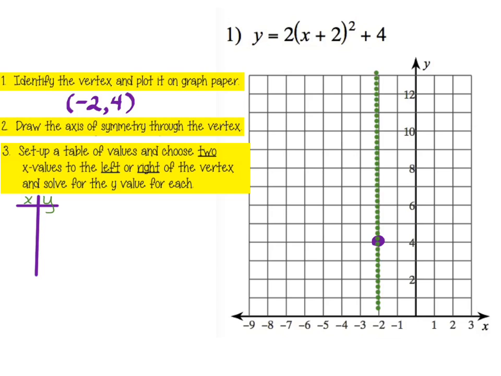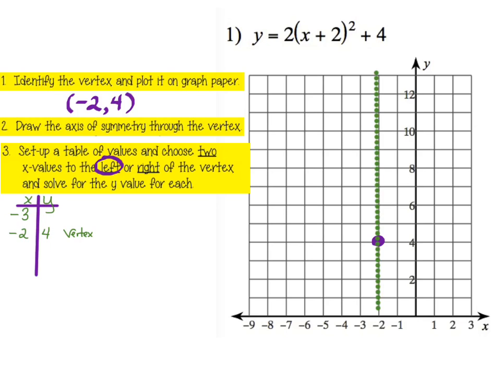So I'm going to start by putting that vertex right there in the middle. And I'm going to choose some x values that are very close to -2. So my first option would be to go with -3. Okay, they're buddies, they're right next to each other. Notice that the increment between these two is 1.